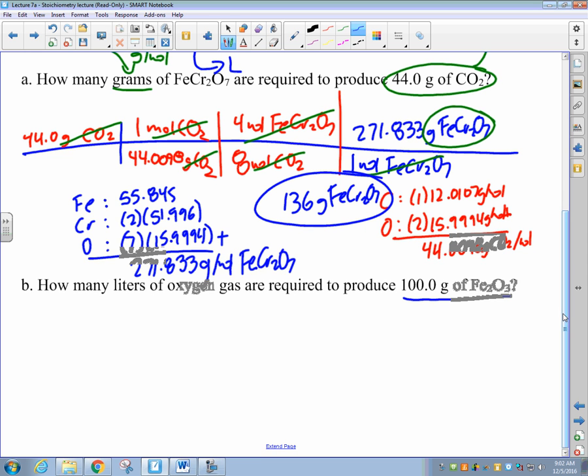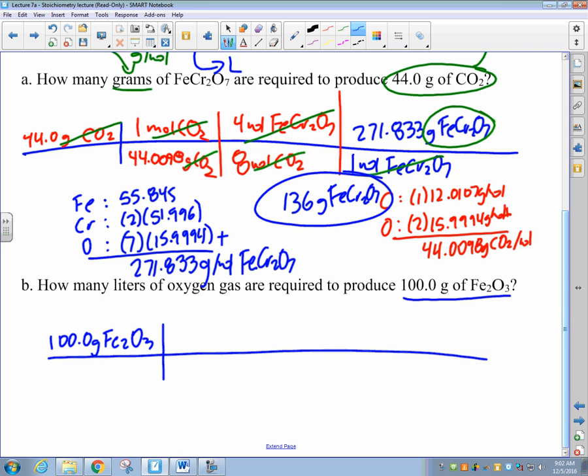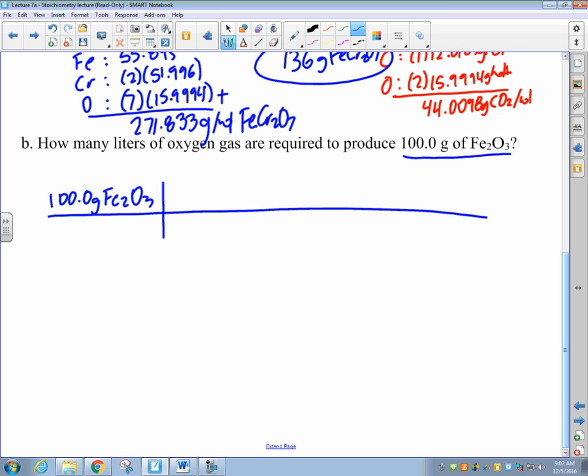We've got 100.0 grams of Fe2O3. Monorail! Let's do grams to moles first. So molar mass conversion. We've got iron and we have oxygen. Let's go ahead and add up for me here.